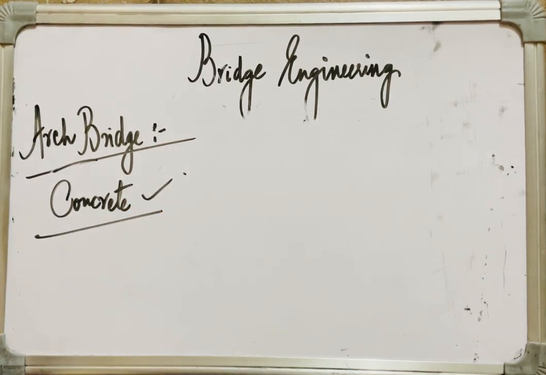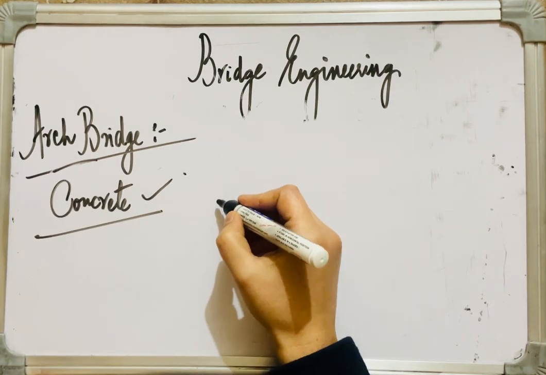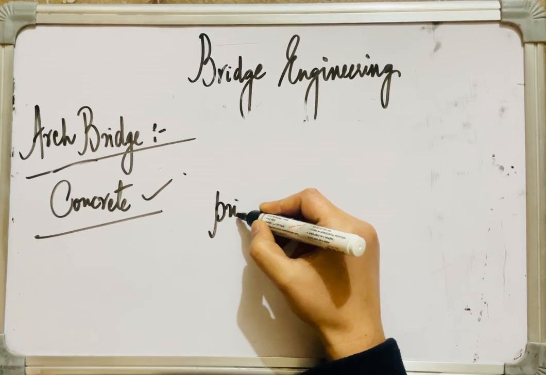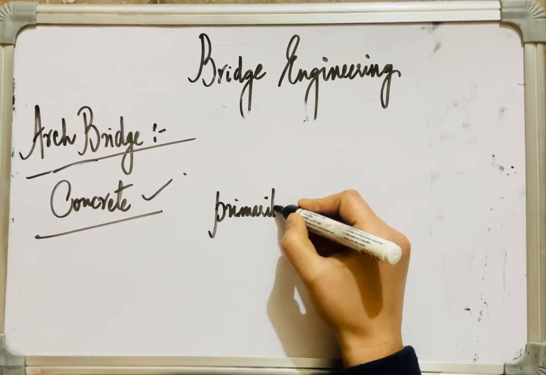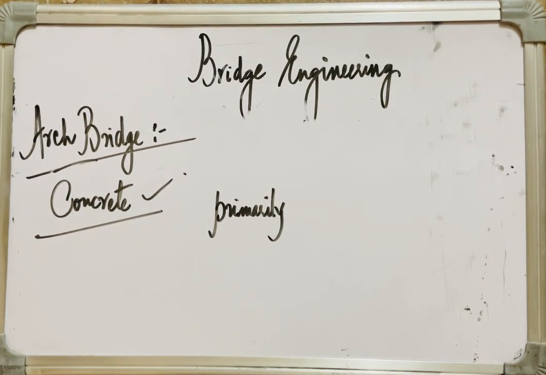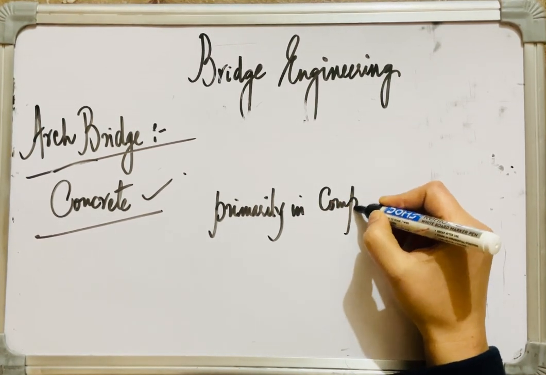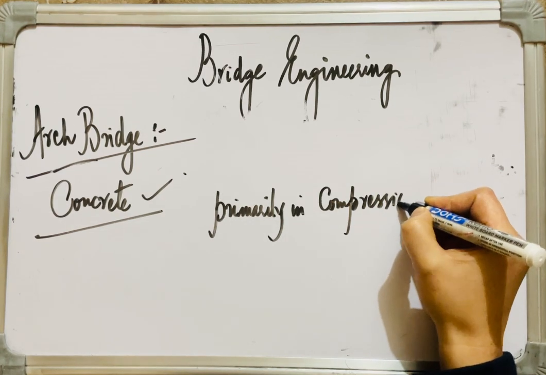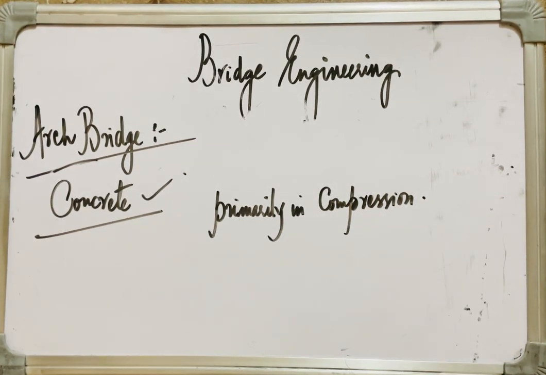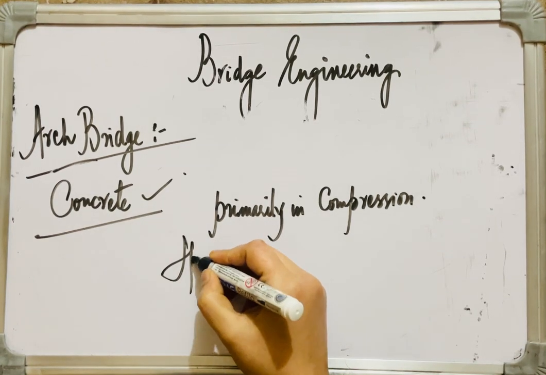Right? Loads in case of these arch bridges are carried primarily in compression. This must be noted: the loads in case of these arch bridges are carried primarily in compression by the arch bridge, with reactions at supports being both horizontal and vertical forces.